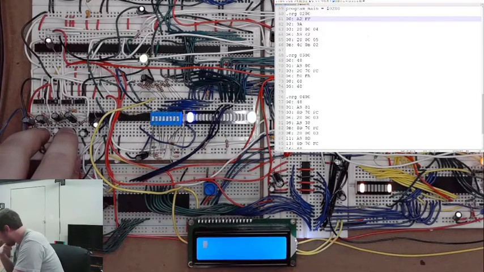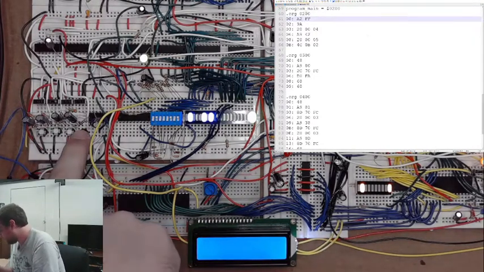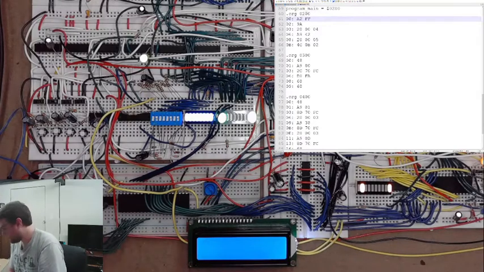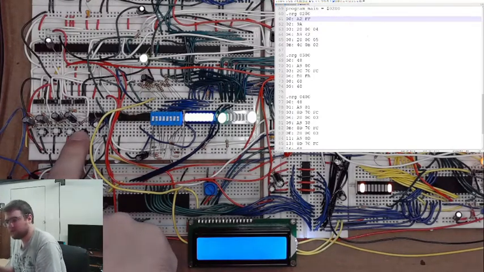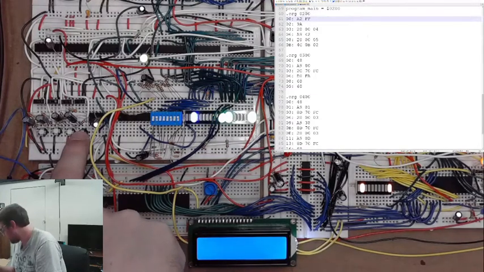A2. Next up is FF. Okay, luckily that didn't get wiped. 9A. That's still good. 2 0 0 0 4.